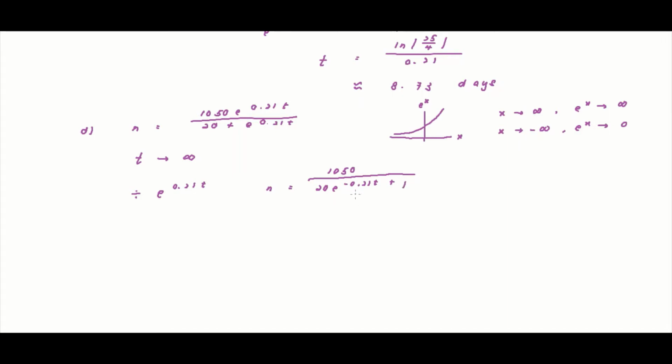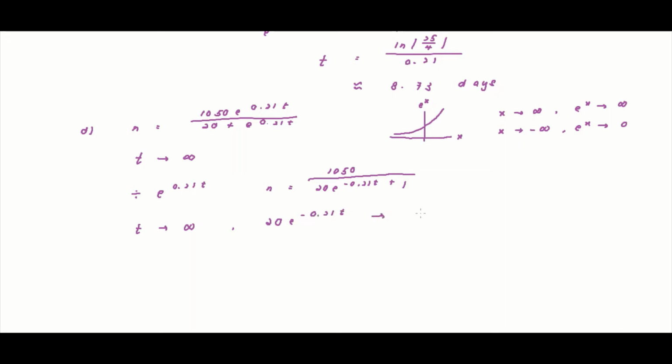Now we try to solve it one by one. So you see, you have your T approaching infinity, right? When your T is towards infinity, what happens to this part, 20e^(-0.21T)?